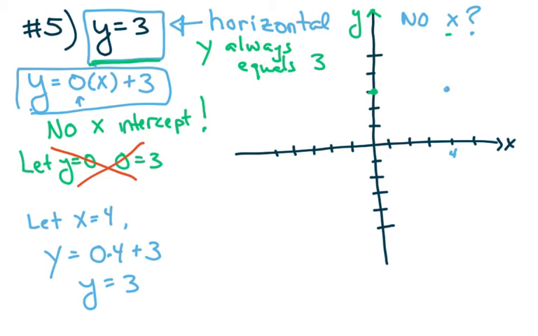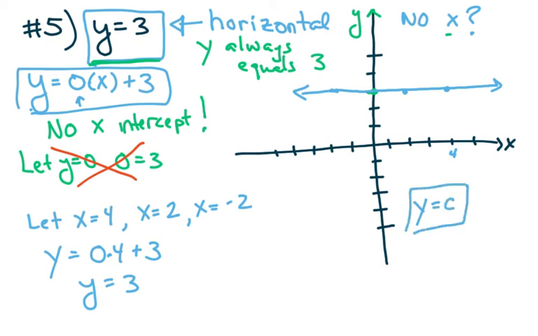And no matter what x value I put in there, x equals 2, y equals 3. If x equals negative 2, y still equals 3. So this is a horizontal line. Y equals any number is a horizontal line.